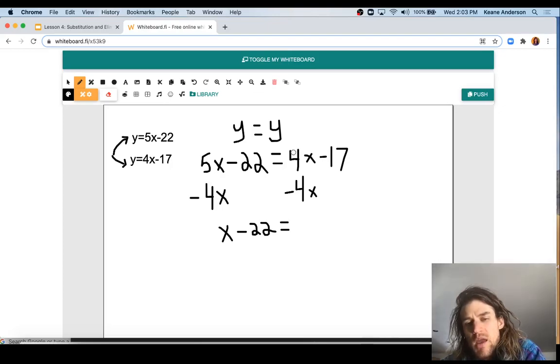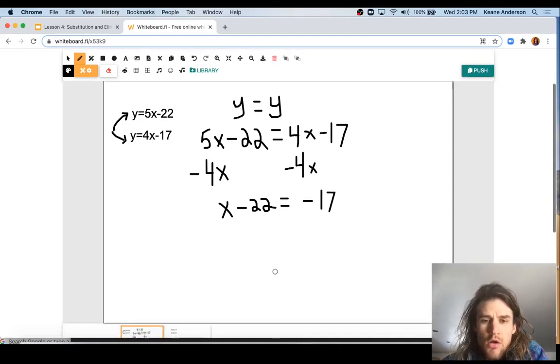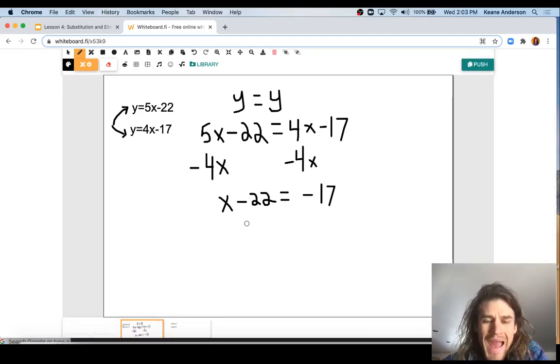And on this side, we have 4x minus 4x. That's going to give us 0. We don't need to write the 0, so we can just write the negative 17. So we get x minus 22 equals negative 17. All right, now we're going to add 22 to both sides.